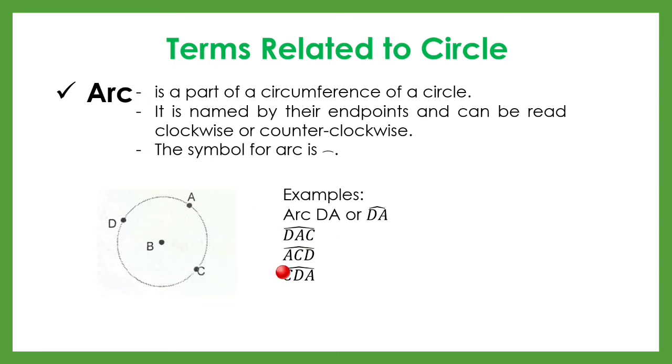Another example is arc ACD, arc ACD or arc DCA. And then, last example is arc CDA. So, arc CDA or arc ADC. So, pwedeng clockwise or counterclockwise ang pagpangalan ng arc.